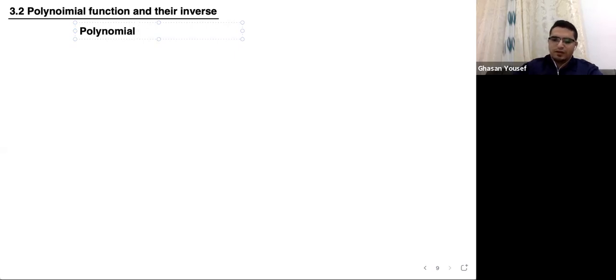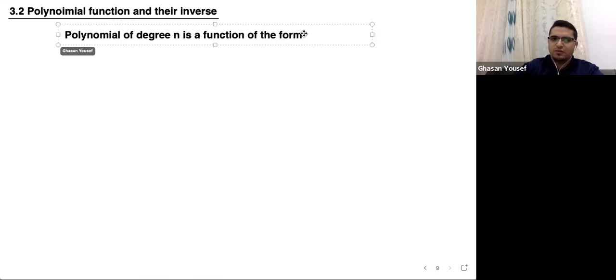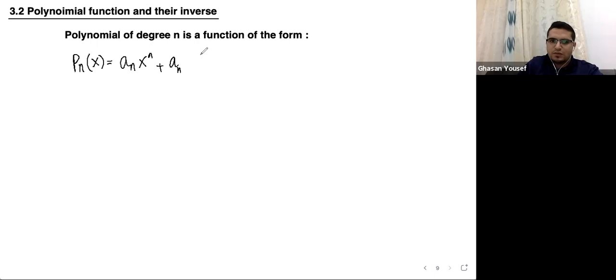So a polynomial of degree n is a function of the form. I'm going to give you the form. The polynomial function p_n of x equals a_n x to the power n plus a_(n-1) x to the power n minus 1 plus dot dot dot.